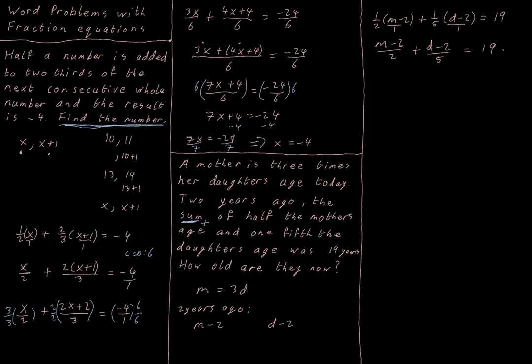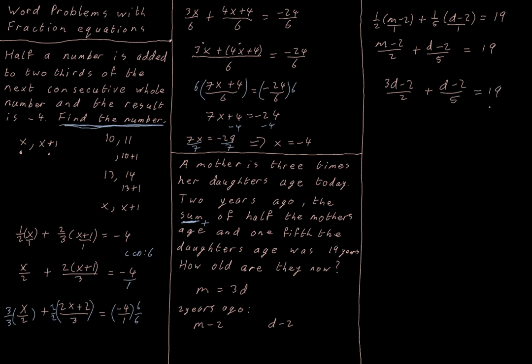That's equal to 19. Now I need to get this in one variable, in one letter, so I can say, well, the M here is the same as 3 times D. So 3D minus 2 all over 2 plus D minus 2 all over 5 is equal to 19.